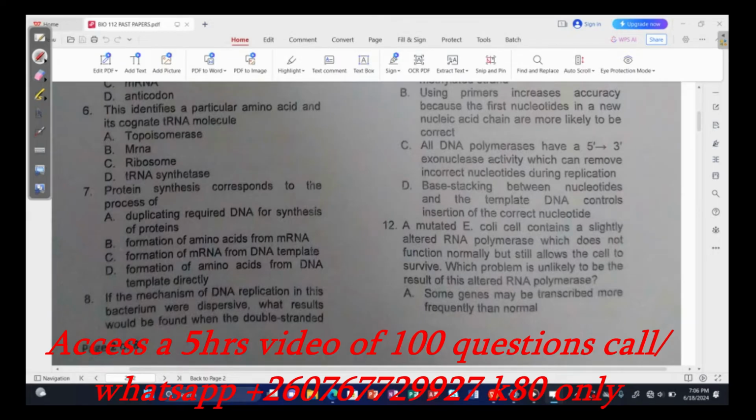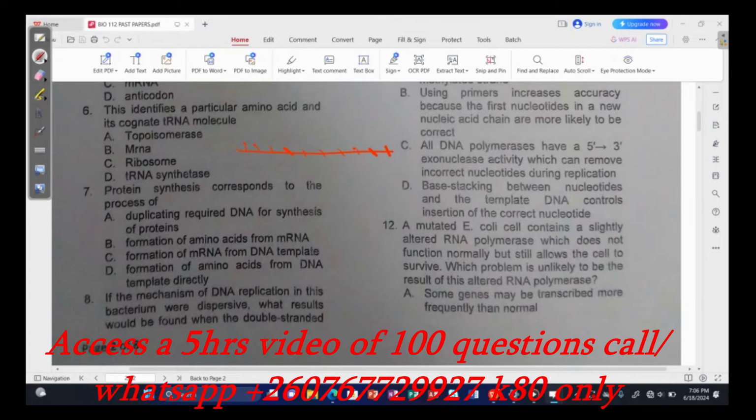formation of amino acids from messenger RNA. So the process of protein synthesis corresponds to the formation of amino acids from mRNA. So you're going to have mRNA with its bases here. These bases on the mRNA are what we call codons. So these codons are what we're going to use to form the amino acids.